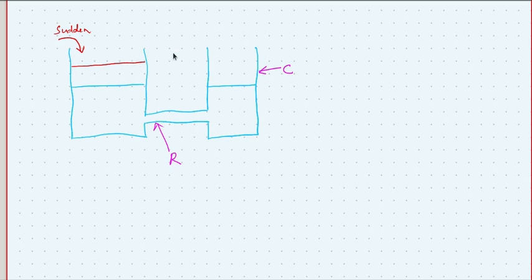And the moment water level rises, there is a potential difference between these two levels, and because of which there is potential energy which forces water to flow from this tank to this tank, and hence the water will start rising.